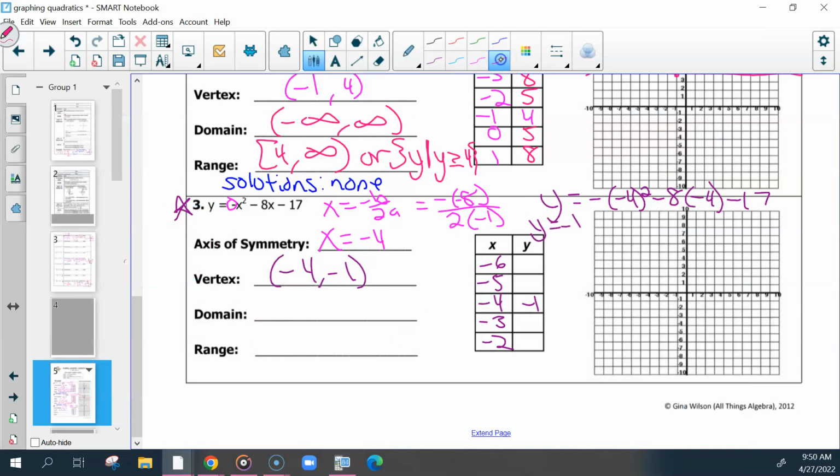I didn't get it. You should have negative 6, negative 5. I thought it was supposed to be zero. Negative 5, negative 2. Negative 4, negative 1. Negative 3, negative 2. Oh, it's no solution. Yes. And negative 2, negative 5.